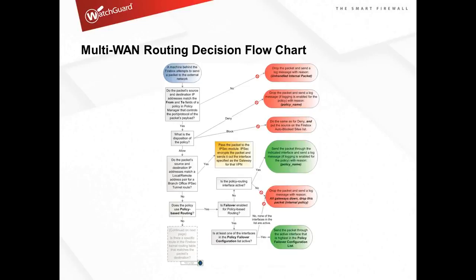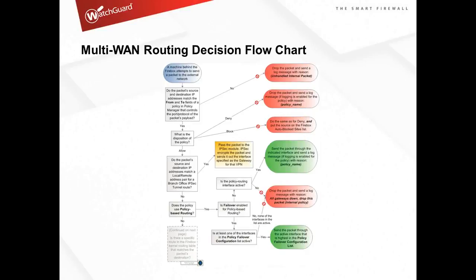So when we look at multi-WAN and the way WatchGuard handles multi-WAN routing decisions, and again, I do apologize. I know somewhere in there it said it will not be death by PowerPoint, but I just wanted to include this in the PowerPoint so that you could reference it at a later point.